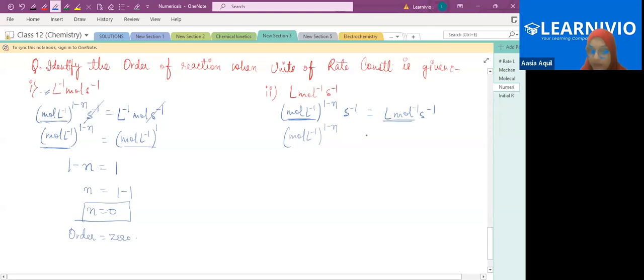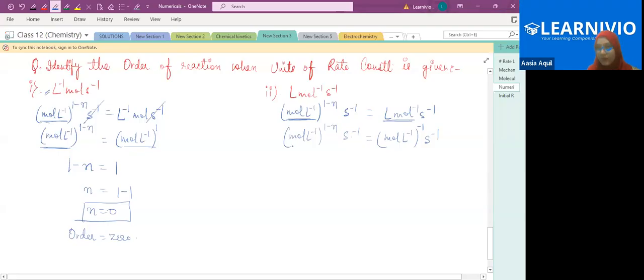So how can we write? You can write just mole per liter. Now see, what will be the power here? The power is per mole, right? So if you write minus 1, it will be correct. When you open the bracket, it will be per mole and liter, right? So minus minus, it will be plus. So it will give you mole per liter. Okay, so we can write the power minus 1 per second.